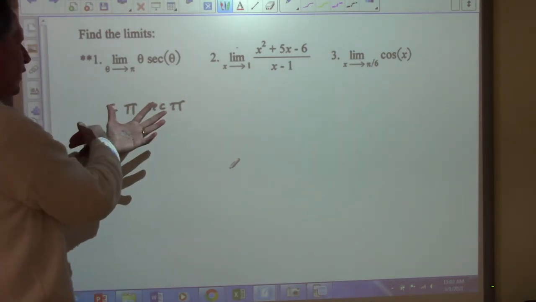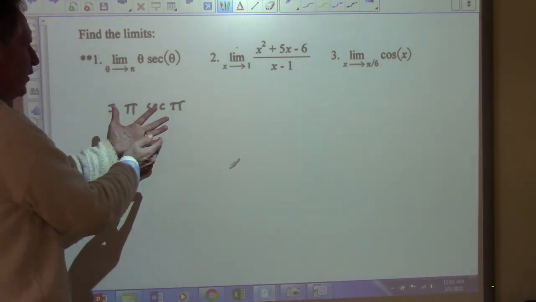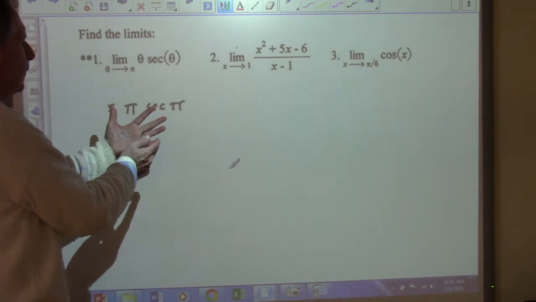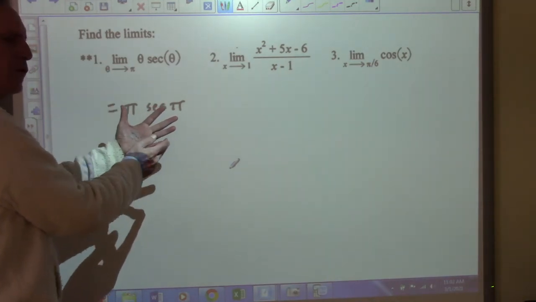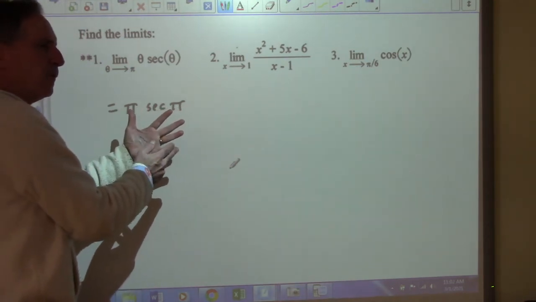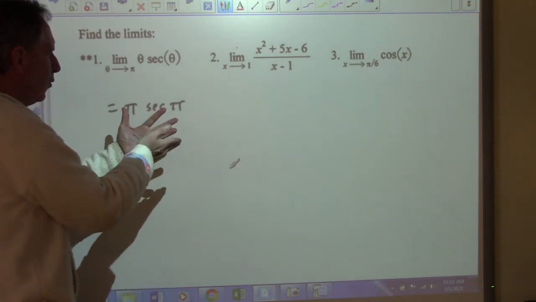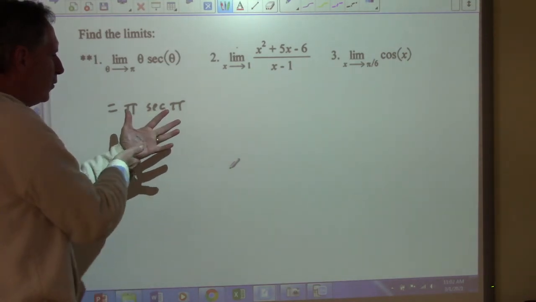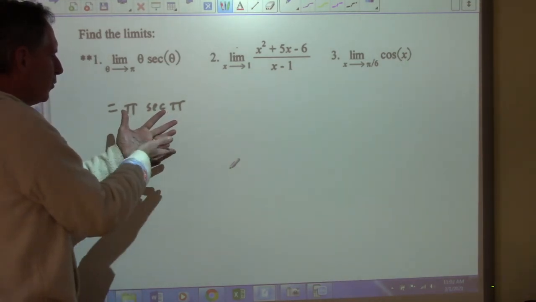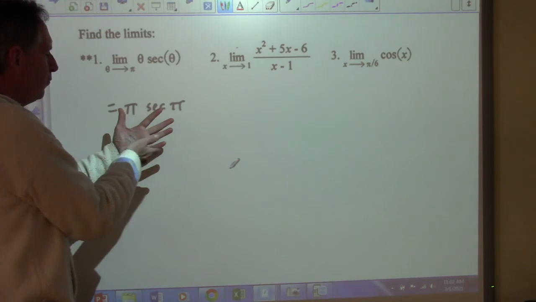Pi is over here, and secant of 0 is... secant is going to be your hypotenuse over your cosine, right?